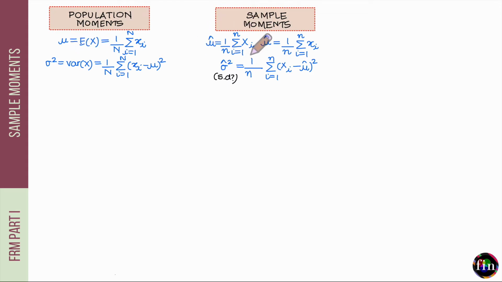The formula which we use to estimate any given population parameter is called the estimator, and once you apply any given estimator to a given or chosen sample, what comes out is a point estimate of your chosen population parameter.